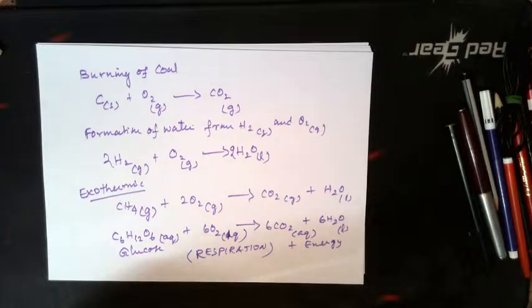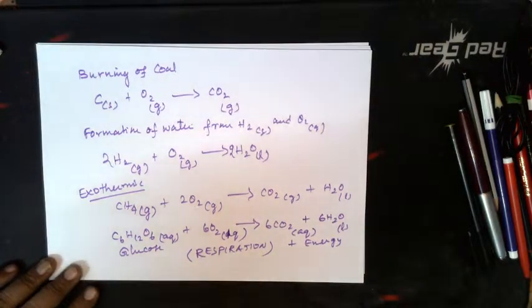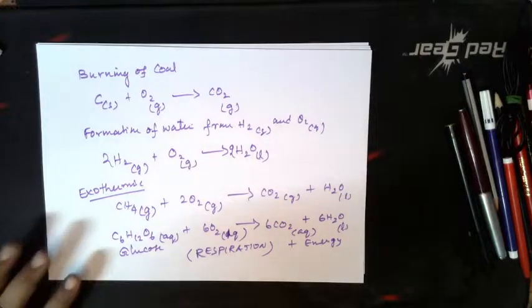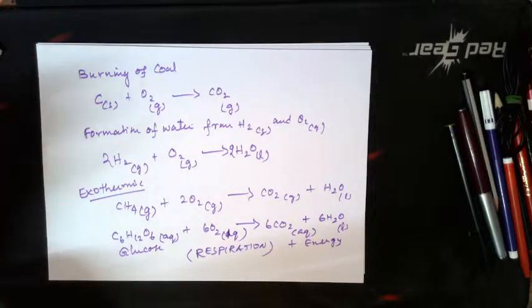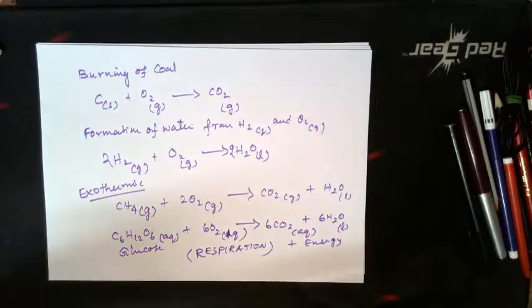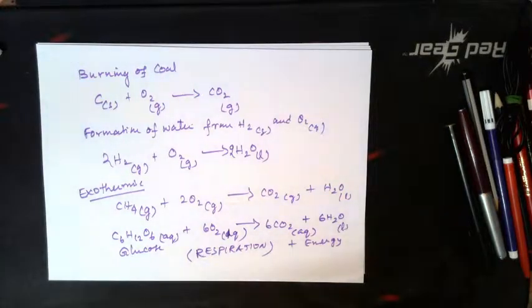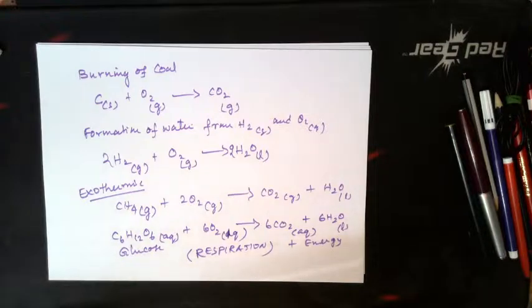And that aqueous oxygen is used up to break glucose further to give carbon dioxide, also in the aqueous form, and that is again converted into carbon dioxide gas, and we are exhaling it as gas. So when we inhale, we take oxygen in the gaseous form, and that is converted into an aqueous form in the blood.